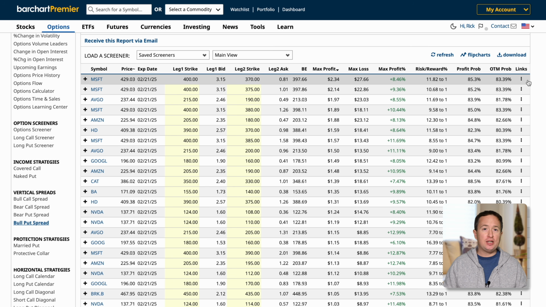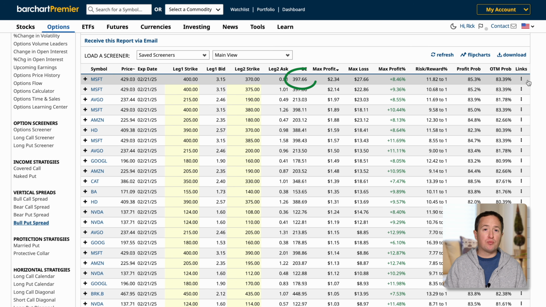So with this trade, you'll earn the maximum profit as long as Microsoft's stock price trades above $400 at expiration. And if it does, both your puts will expire worthless and they'll disappear from your account. Now, if the price of Microsoft stock trades between the two strikes, you may or may not have a profit.